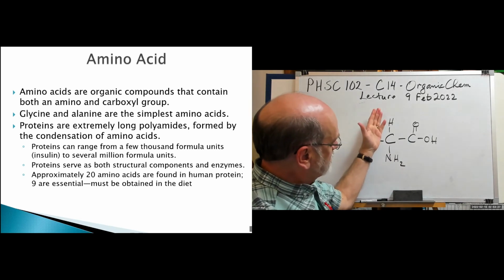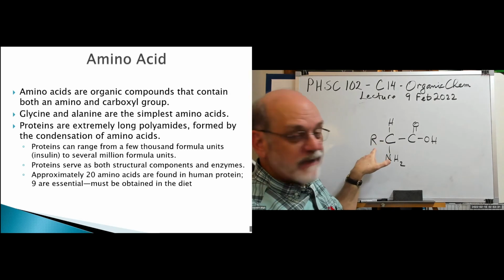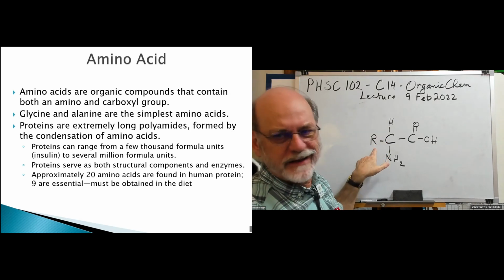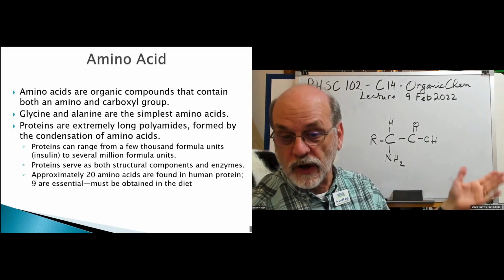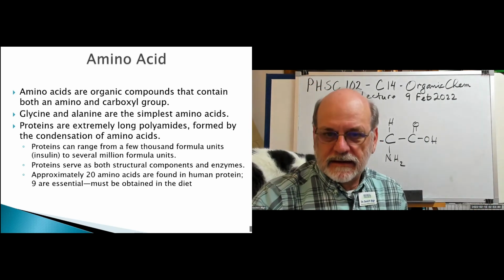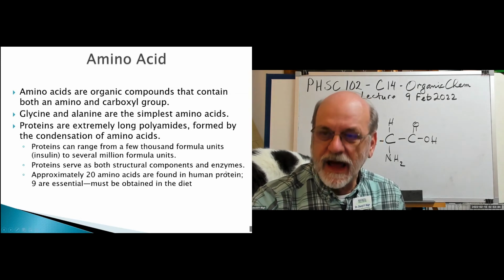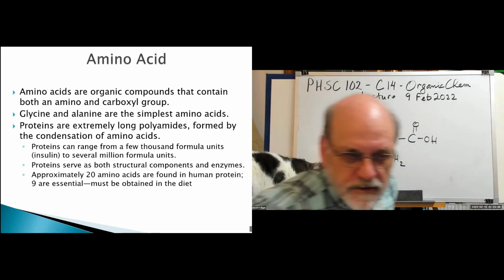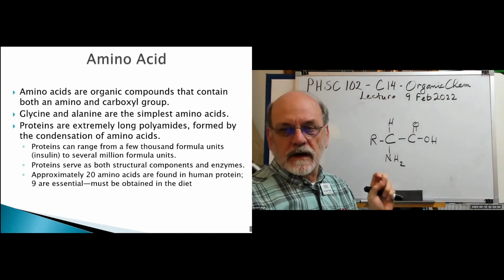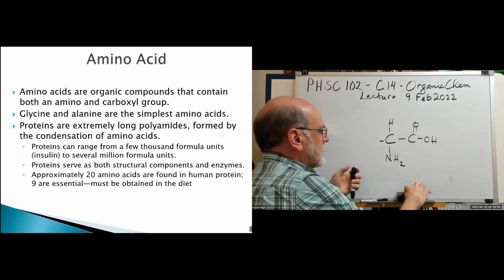So this part is the amino acid part, and then you can make a whole bunch of different kinds out of whatever R you put on there. Okay, the simplest amino acid, and now we're getting into biochemistry naming convention, substitutes a hydrogen here.